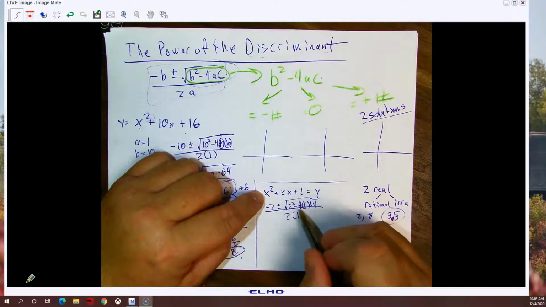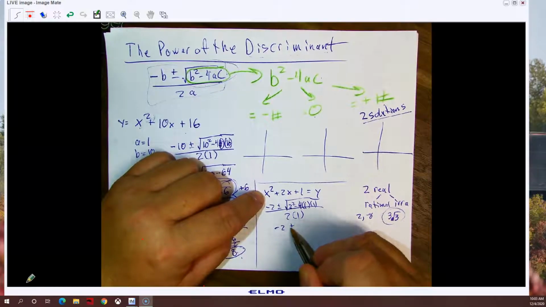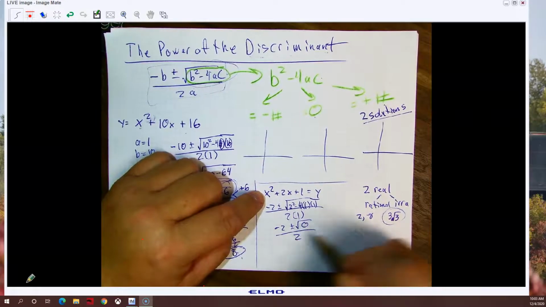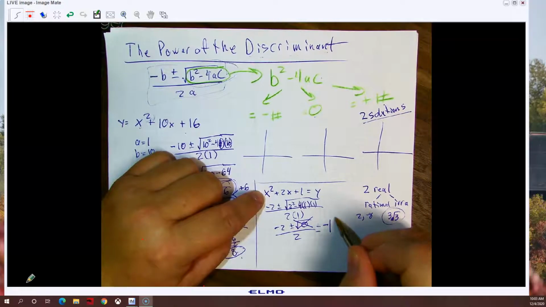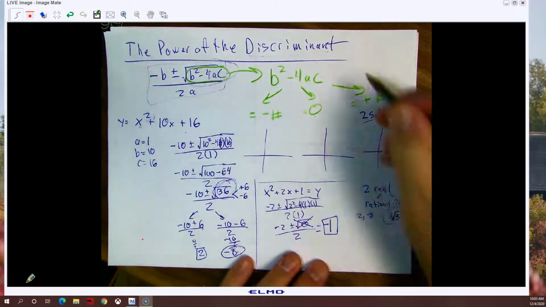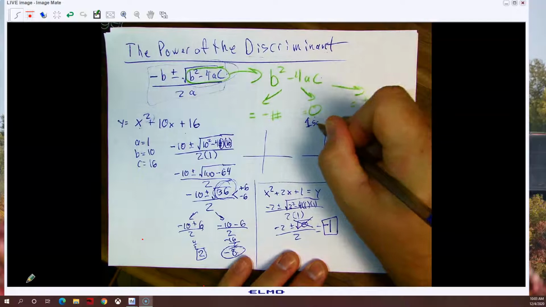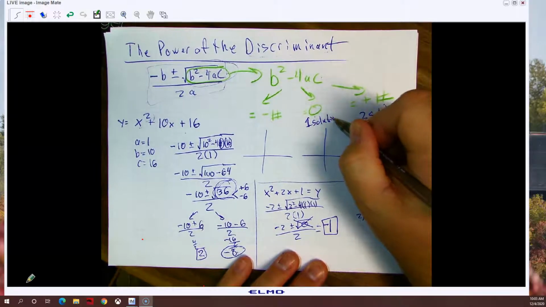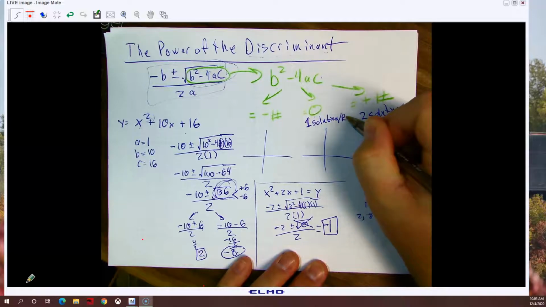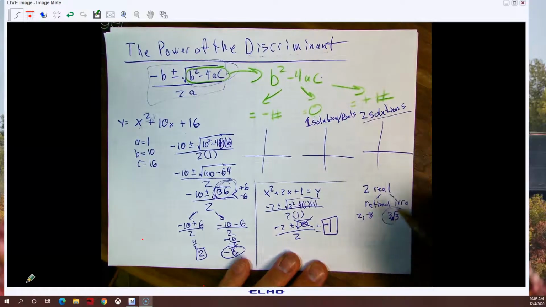Well, in this case, 2 times 2 is 4. 4 minus 4 is 0. I get negative 2 plus or minus 0 over 2. The interesting thing is that goes away, and the only remaining answer is negative 1. So there's only one solution. All right, one solution, also known as roots, one root.